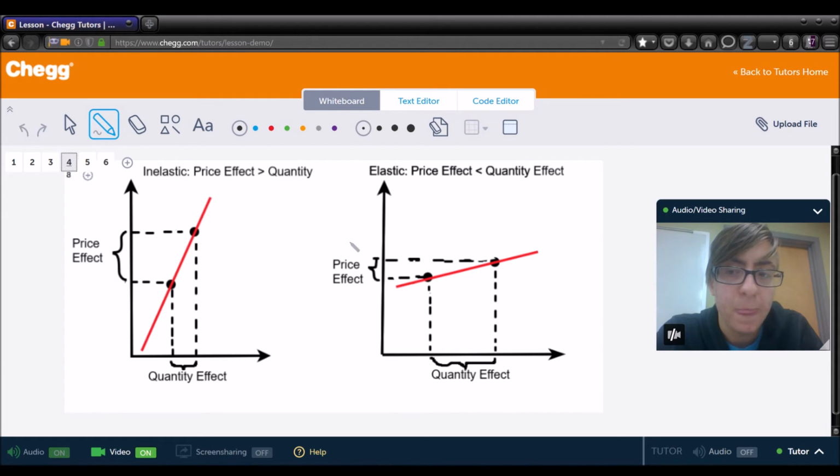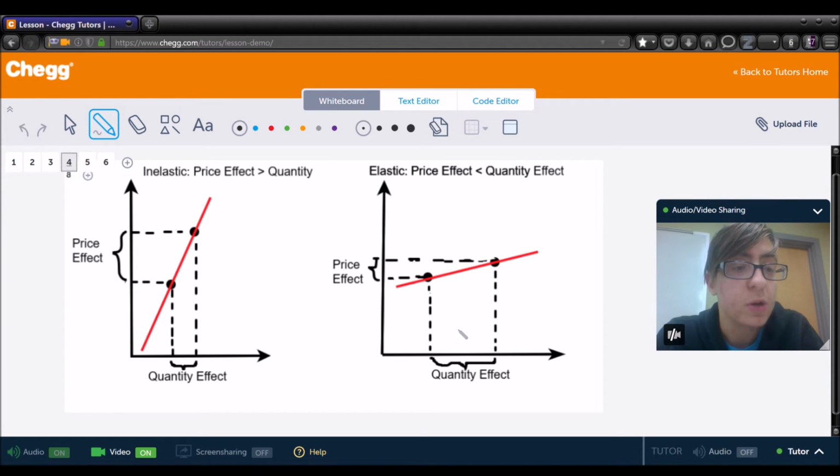And I highly recommend trying to remember this part here, because that will make your life so much easier when you need to identify if something is perfectly elastic or inelastic if you're just shown two lines and your teacher specifies you're not allowed to calculate it. Another way to remember is that perfectly elastic is horizontal.